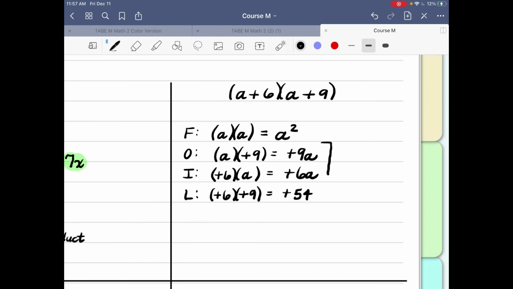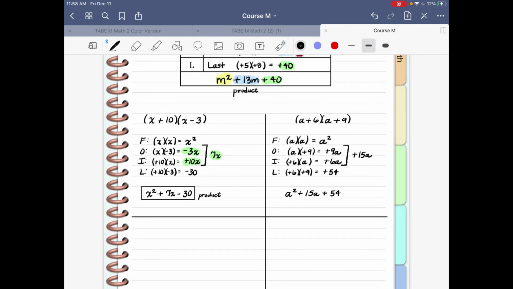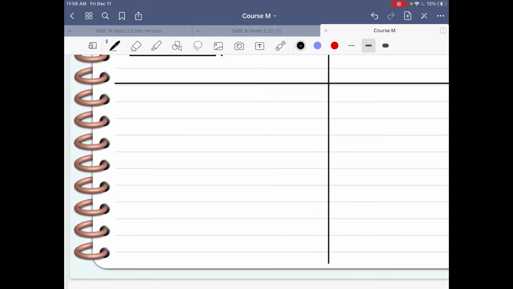Then combine these terms if you can. You won't always be able to, but in this case you can. So I had 9 apples, I got 6 more apples. I have a total of 15 apples. So I have a squared plus 15a plus 54. And that is the product of the two binomials.